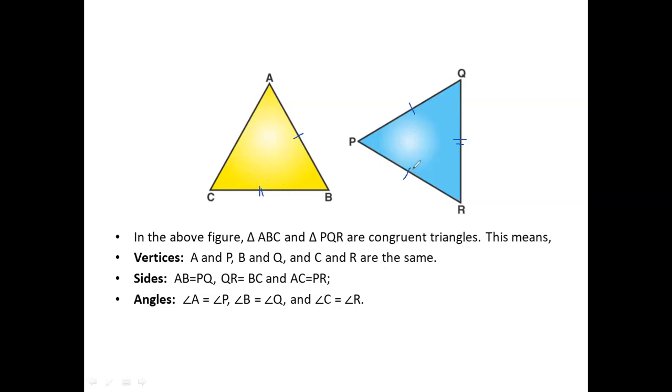And this side, PR, is equal to AC. As well, we know that the corresponding angles, the angle A is equal with the angle P, the angle B is equal with angle Q, and the angle C is equal with the angle R. So when they're all equal, it means that the triangles are congruent. Okay.